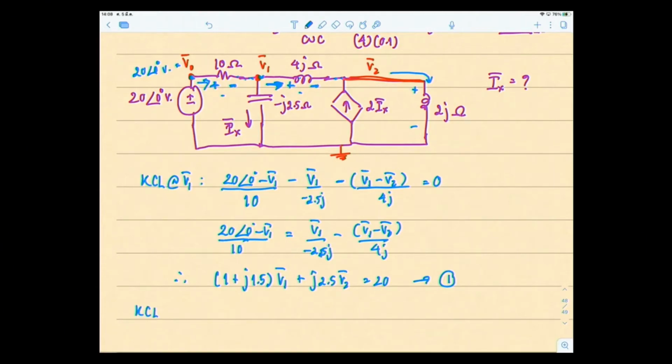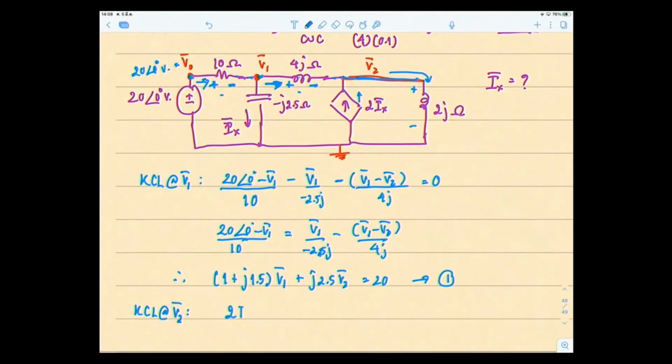Next one, KCL at V2. V2 is right here. What do we have? We have this current going in from the dependent source, so we have 2Ix.